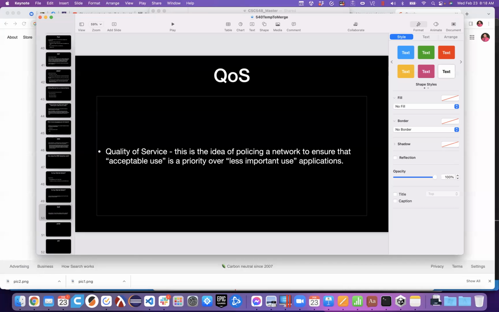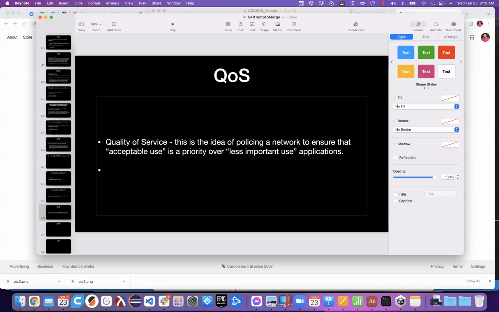All right, so that's a problem with a network. So if you're a network administrator, you want to think about what is the purpose of my network, and how do I ensure that the users who are using my network for its desired purpose are getting a good quality of service, while the people who are trying to use it for less important purposes or even malicious purposes are either getting no service or significantly, a lot of times we call it throttled.